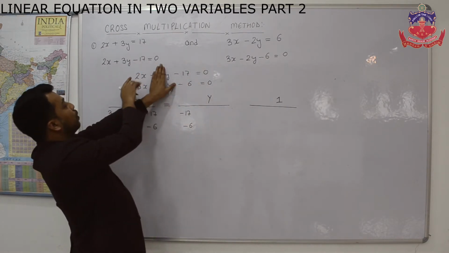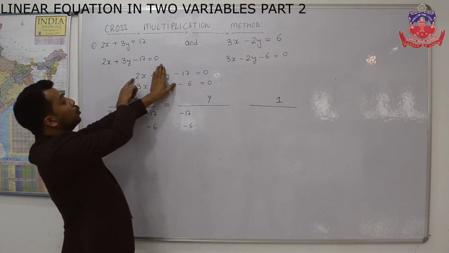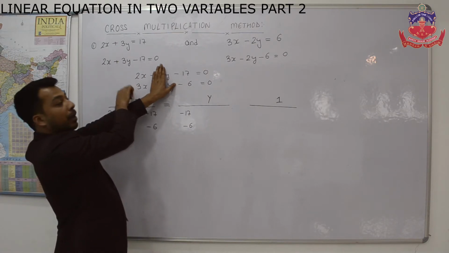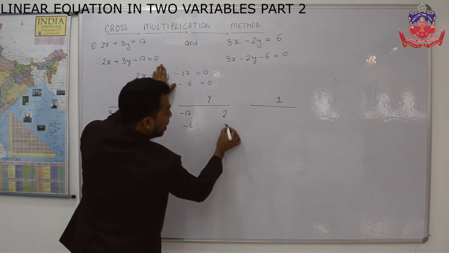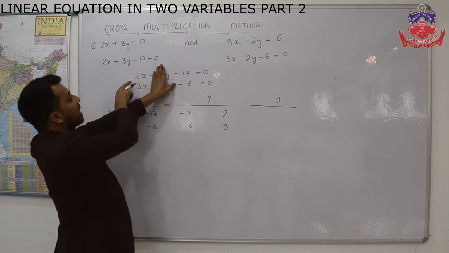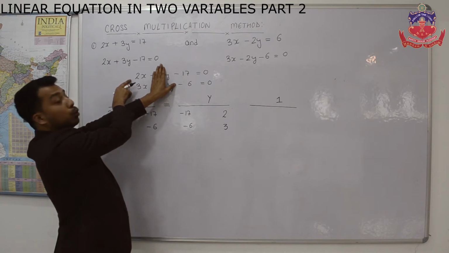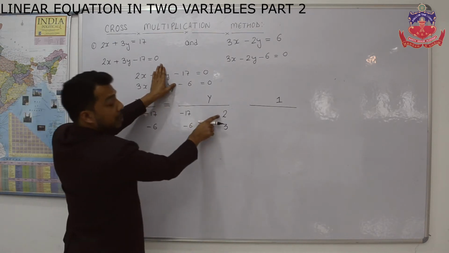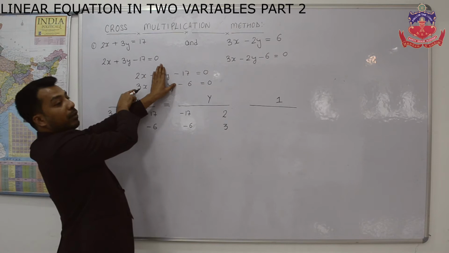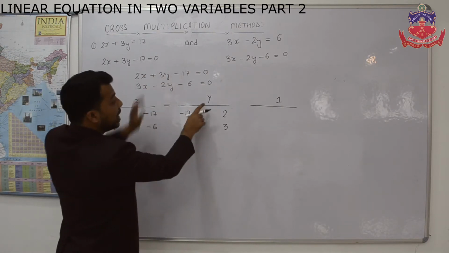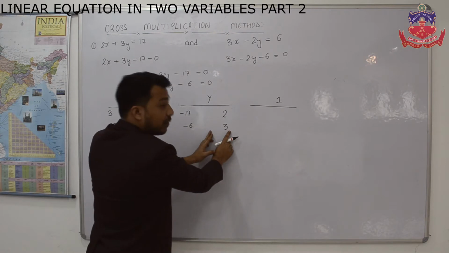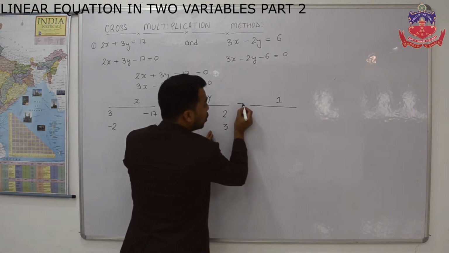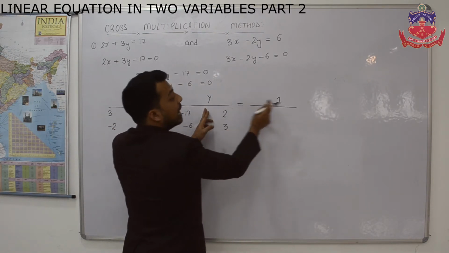In the front, you have the number 2 followed by 3. So I'll write 2 here and then followed by 3. You write the numbers as they are in position. As the 2 is in the upper position, it will be written in the upper position, followed by the 3 in the lower position. So we have the numbers for y, that is left side and right side. After that, you will put equals to in between y and 1.